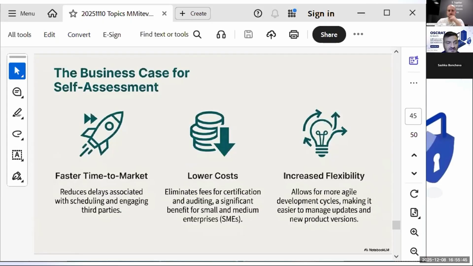Another benefit is flexibility. With self-assessment, companies can manage product updates, new versions, and rapid development cycles more efficiently. These advantages make self-assessment a practical choice for products with lower cybersecurity risk and for organizations that have strong internal quality processes.